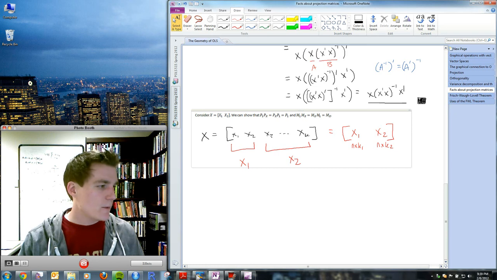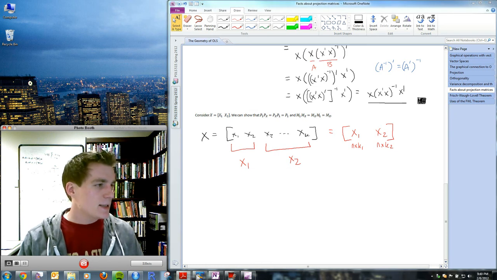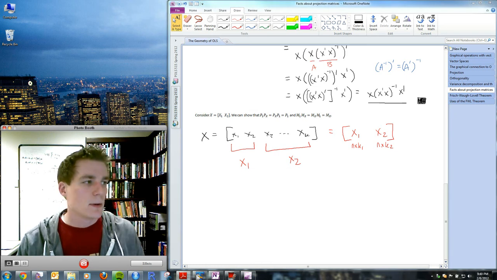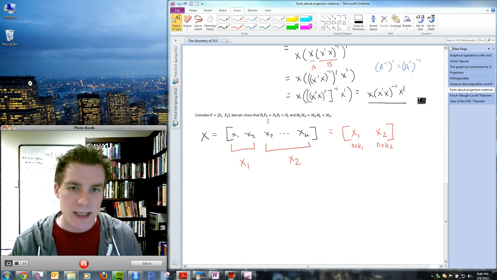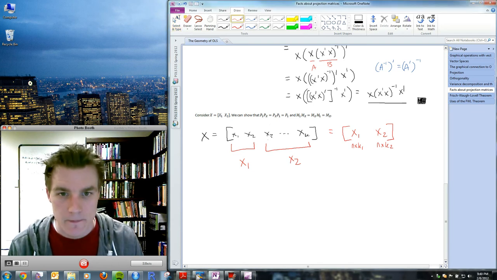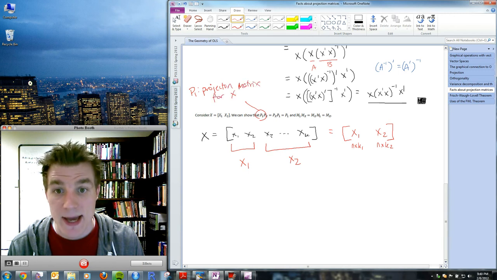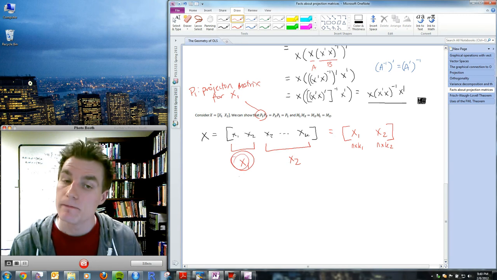What we can show here is that P1 Px. Now P1 is the projection matrix for X1, for this matrix right here.